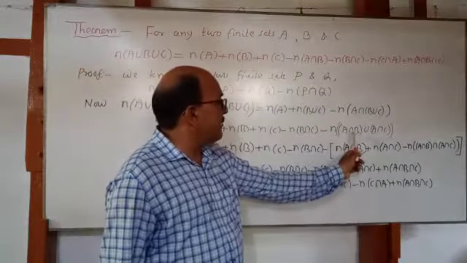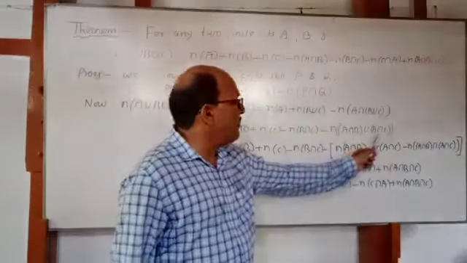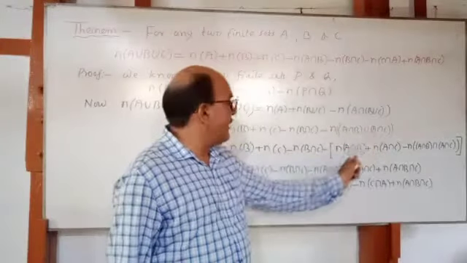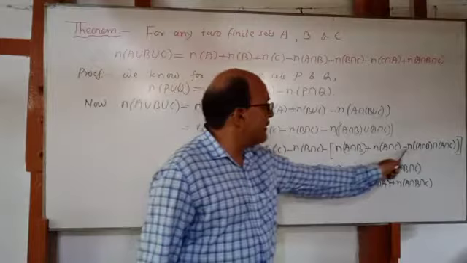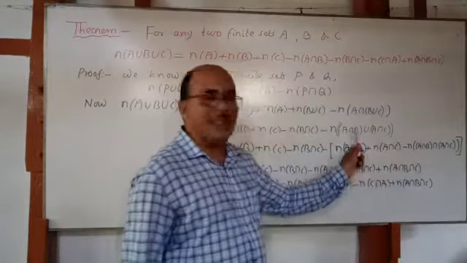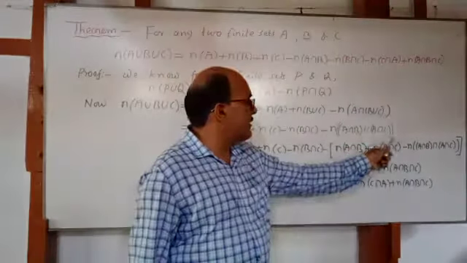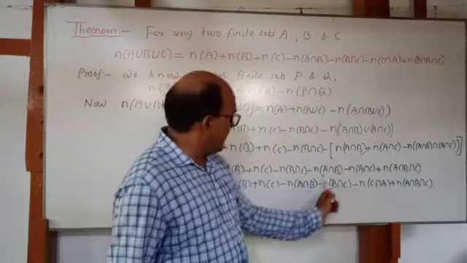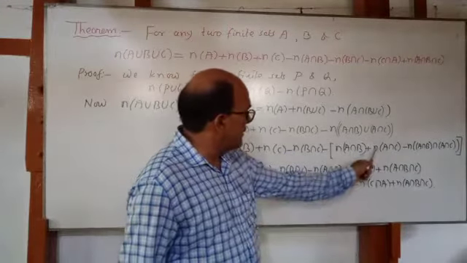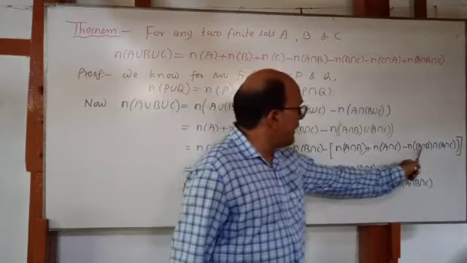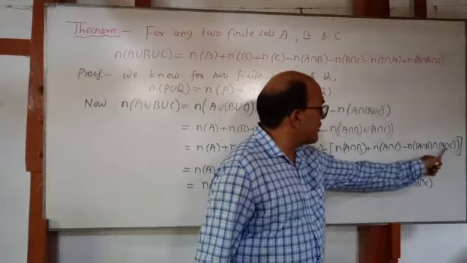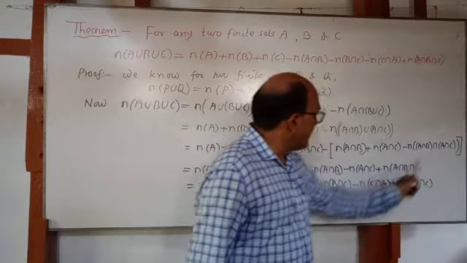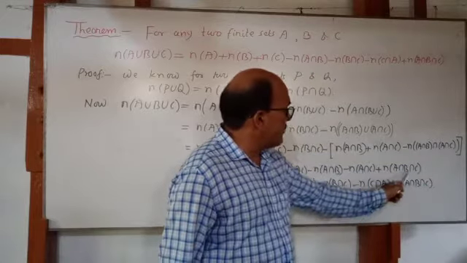Here again you can consider it as n(P union Q), so n(P) plus n(Q) minus n(P intersection Q). Here P is A intersection B and Q is A intersection C. So the other things remaining: minus n(A intersection B), minus n(A intersection C), and this (A intersection B) intersection (A intersection C) can actually be written as only A intersection B intersection C.